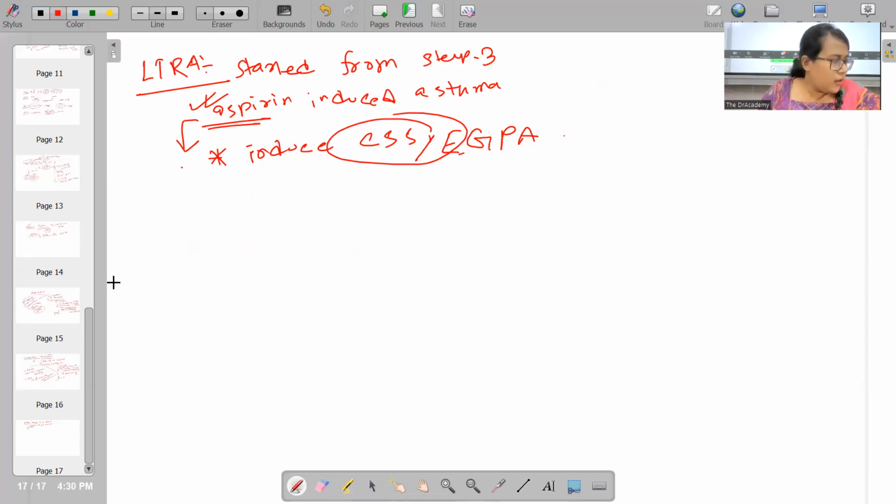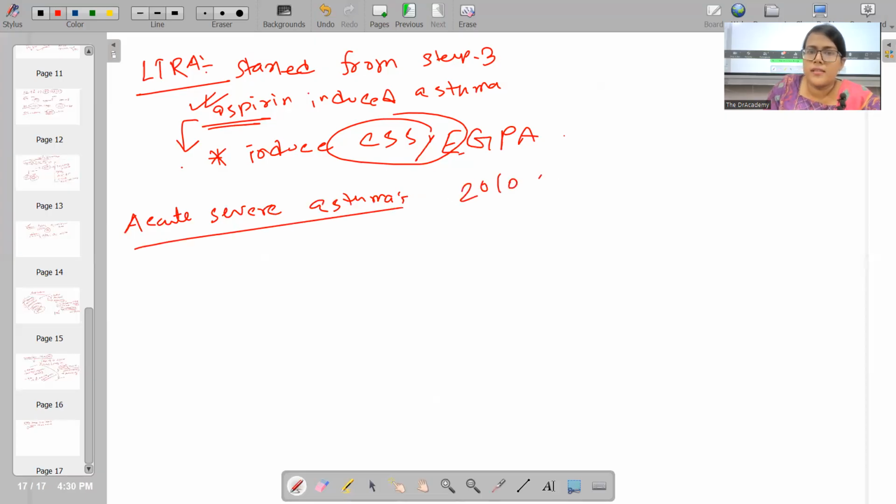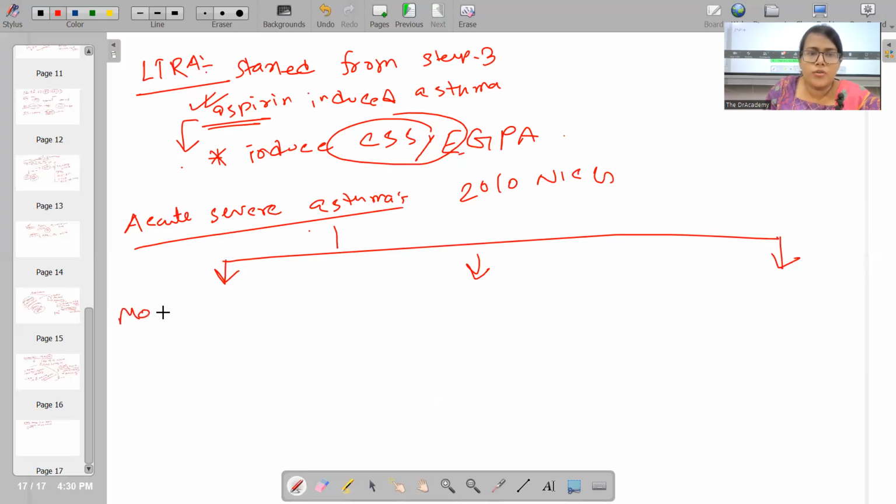All right, next up is acute severe asthma. According to the 2010 NICE guideline, acute severe asthma is classified generally into 3 groups, okay? Number 1 is moderate asthma, which is not our concern.